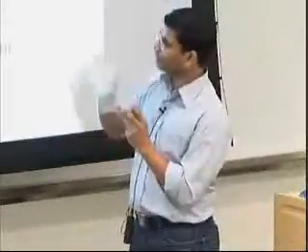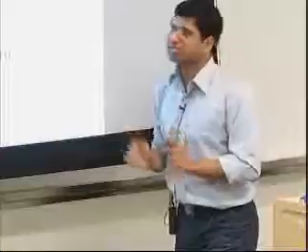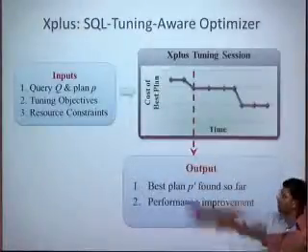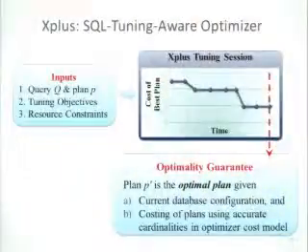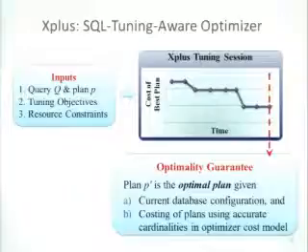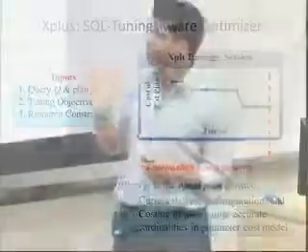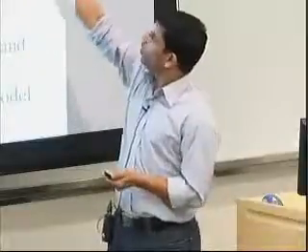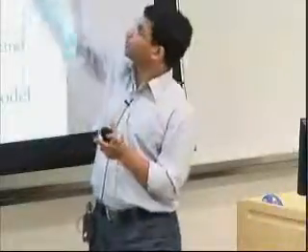Often, I shouldn't say often. Sometimes it's not a good thing, right? The user can actually stop this at any point, say, oh, I'm happy with this plan that was found, or run it to so-called completion point, where we are able to provide a sort of a strong optimality guarantee. Okay? So I'll tell you actually when what happens or under what conditions we reach this point.